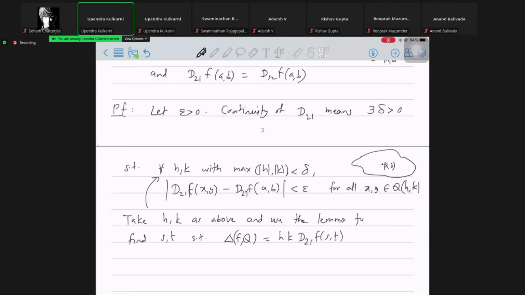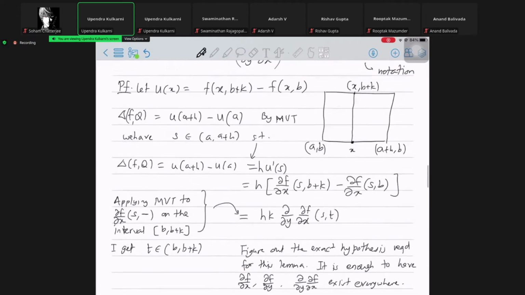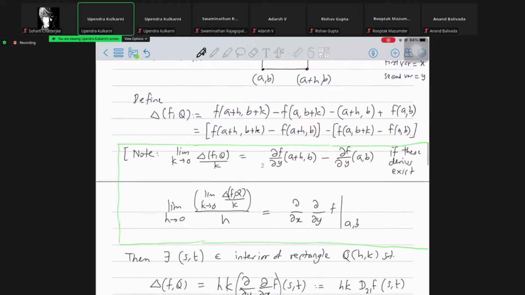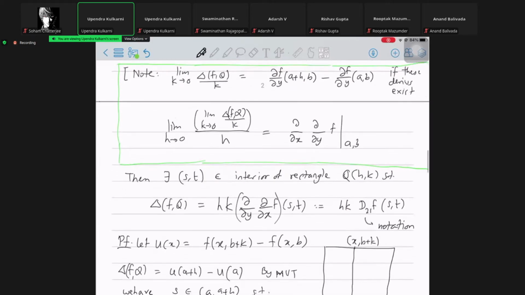Right? Let's look at the statement of the lemma. This is what the lemma is saying.